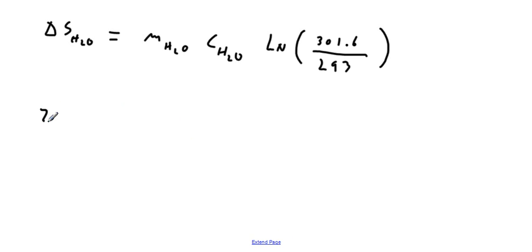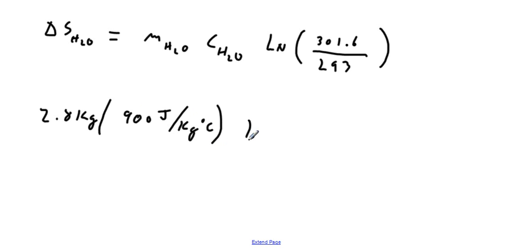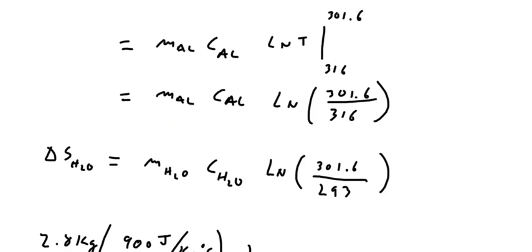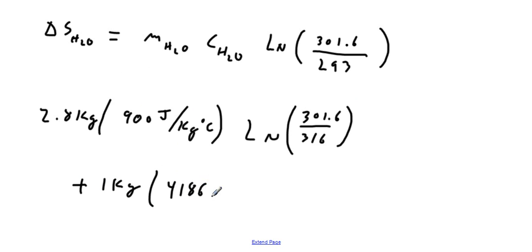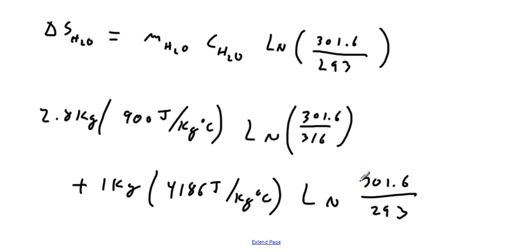Alright, so I got 2.8 kilograms, 900 joules per kilogram degree centigrade, natural log 301.6 over 316, plus 1 kilogram, 4186 joules per kilogram degree centigrade, natural log 301.6 over 293.